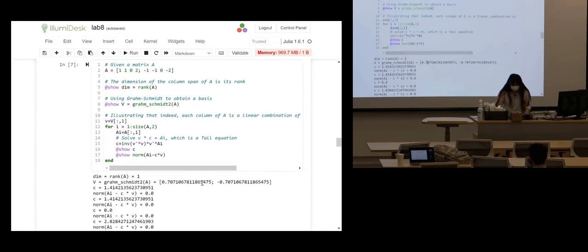Here the basis is just one vector, so we extract this vector to a vector V. Then a for loop goes through all the columns of the matrix A, and we calculate the coordinate C, because the basis times the coordinate equals the column of the matrix A. We can solve this equation using the pseudo inverse to get the coordinate. Then we show that the basis multiplied by the coordinate equals the column of A.